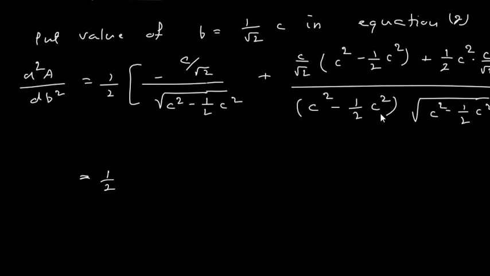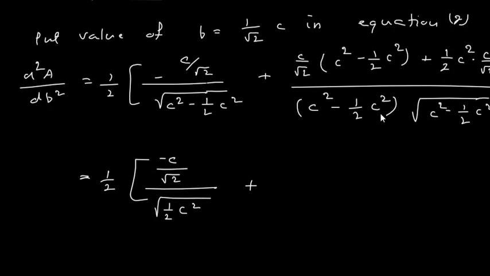This is half, here it is minus c upon root 2, whole divided by c square minus half c square, which is root of half c square.